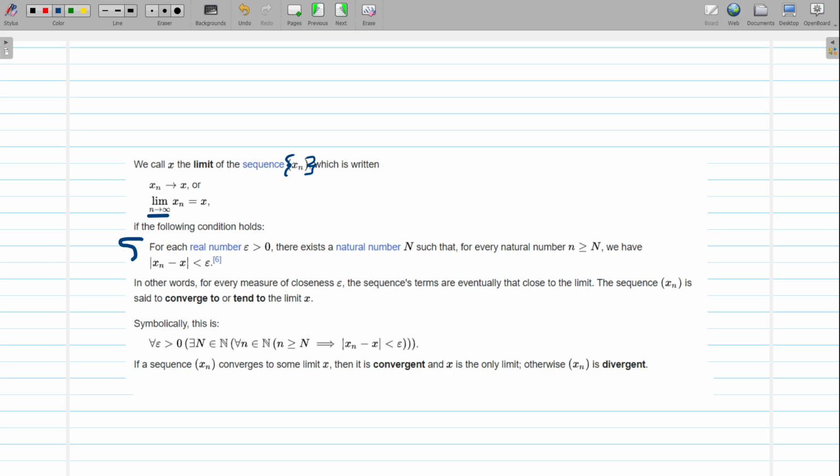Then this is the formal definition, right? So this is going to be the case if for each positive real number epsilon, which is usually taken as a very small number, there exists a natural number n, and if we go beyond this n, then all the terms of my sequence are going to be in the region, as we are going to see, x plus epsilon, x minus epsilon.